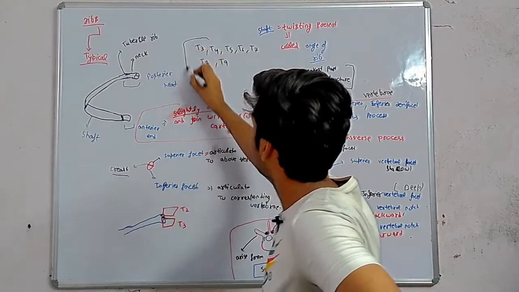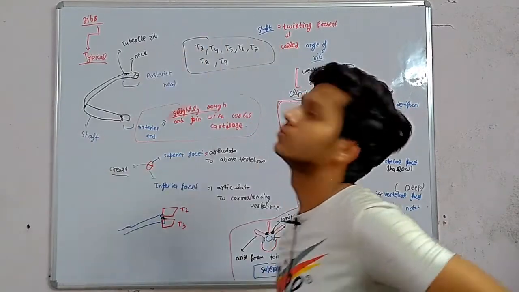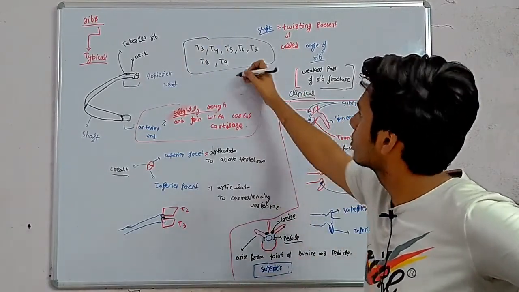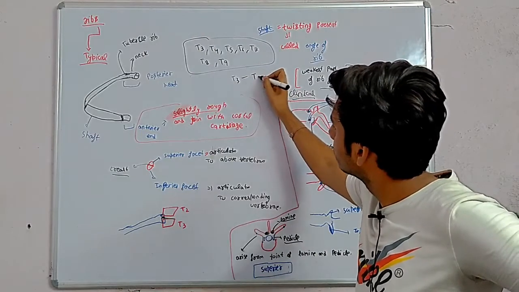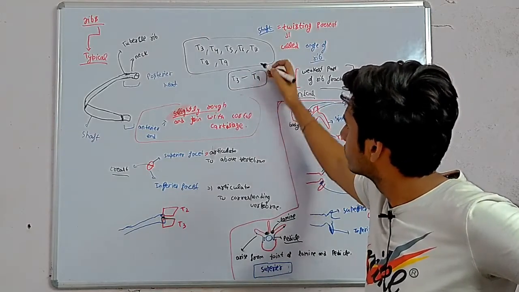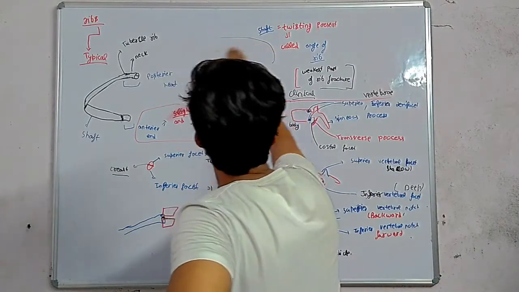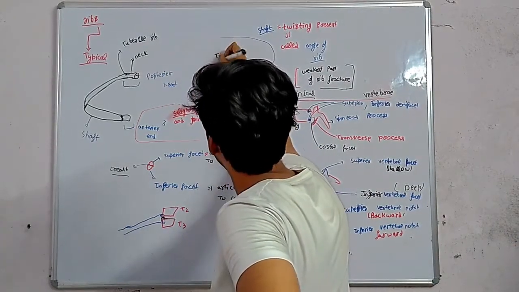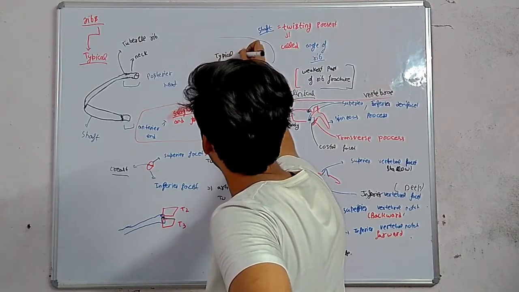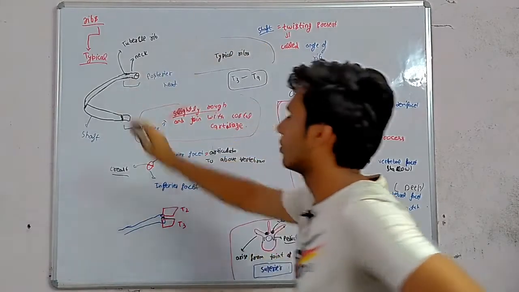These are typical ribs. Or simply, T3 to T9 are typical ribs. Typical ribs and their features are these.